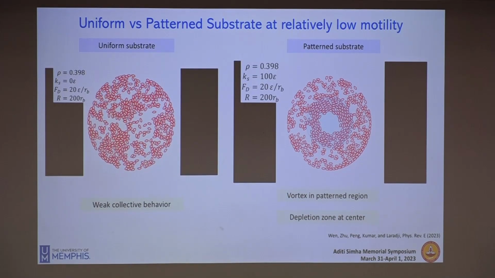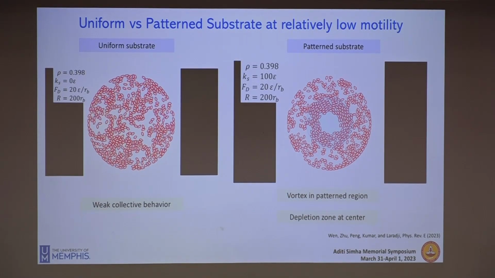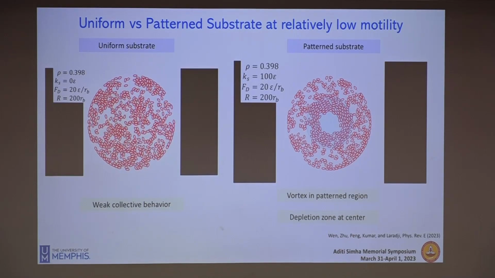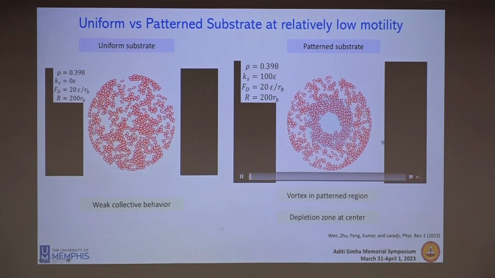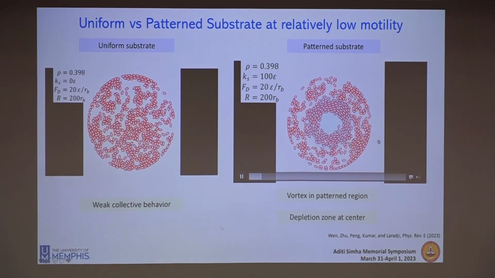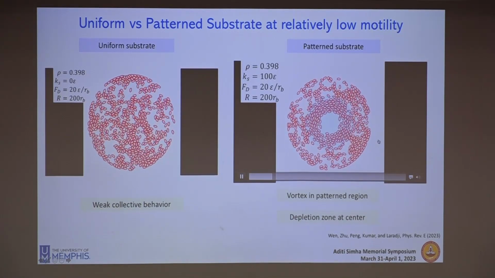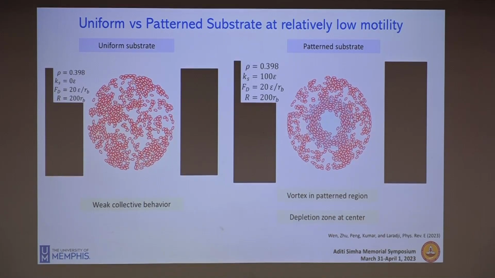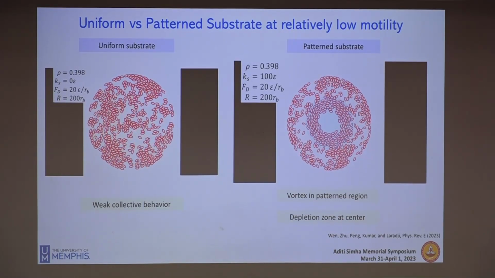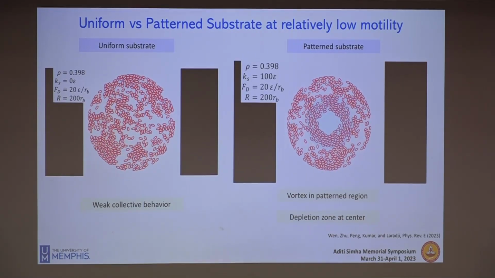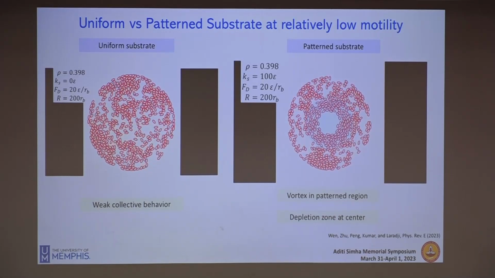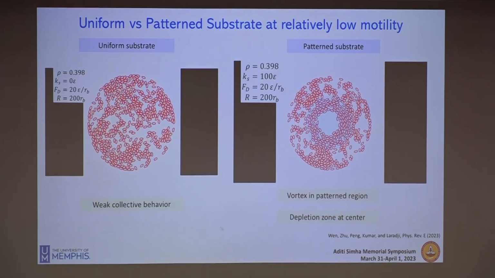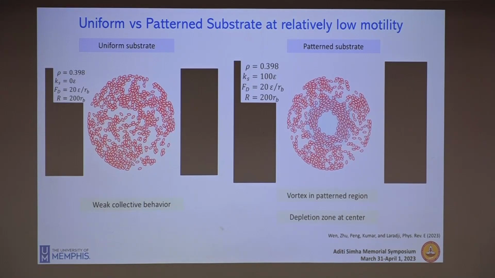So now, if we have a substrate, then one sees that this is the same driving force, except that the substrate in that light blue region is patterned, and one sees that there is a collective motion of the particles within that region, and that collective motion is clearly vortical, right?